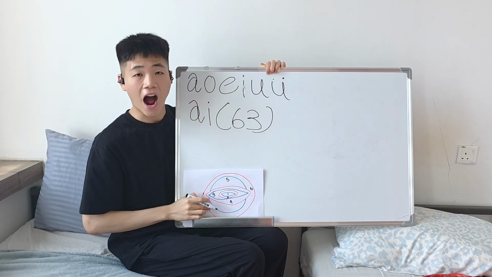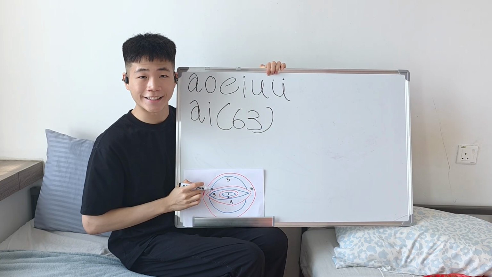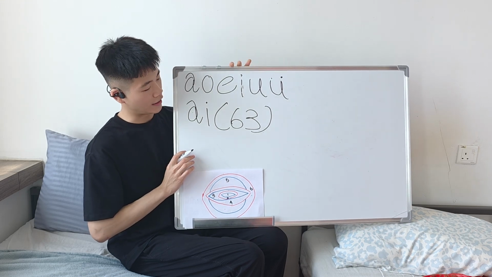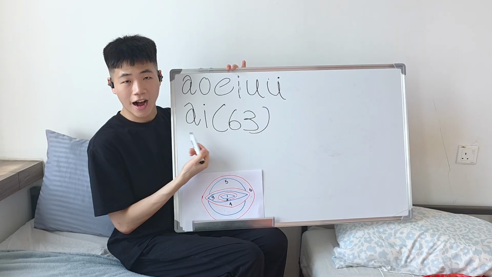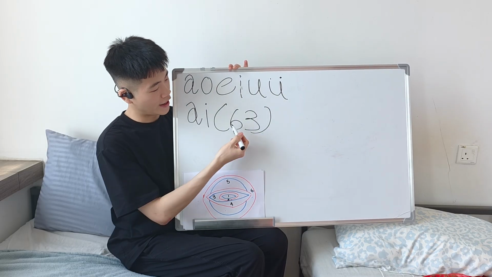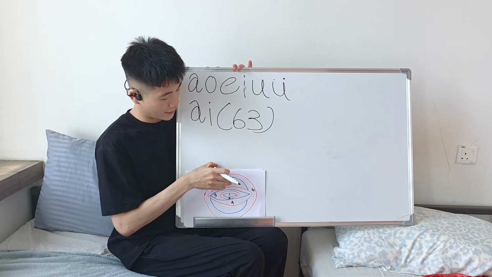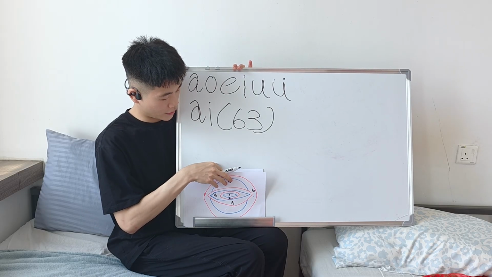So it's gonna be A, I. It's easier that way, right? So Ai is just 6 and 3. Ai.